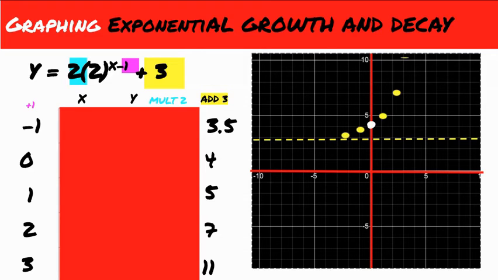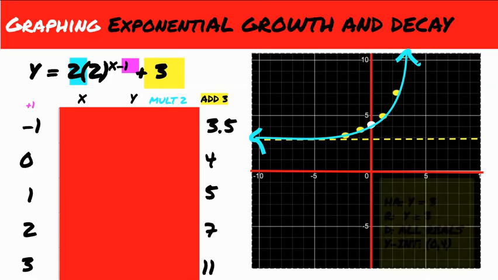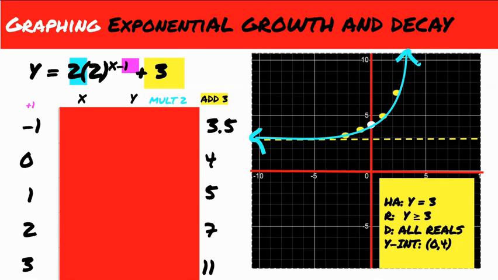So you'll notice I plotted the positives first. I did 2, 7 because 3, 11 is a little off my graph. And then I did 1, 5, 0, 4, which is our y-intercept there in white. And then I have negative 1, 3.5, and I just keep gliding along this horizontal asymptote, never passing it. I connect the dots, remembering to put arrows at the end, and then I answer all the questions.